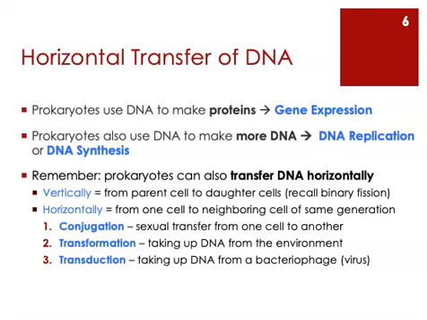But we have to remember that gene expression is not the only thing that cells use their DNA for. We have to remember DNA replication or DNA synthesis as well. DNA replication is the process where DNA is used to make more DNA, where the cell is going to make a complete and exact copy of its DNA molecule.